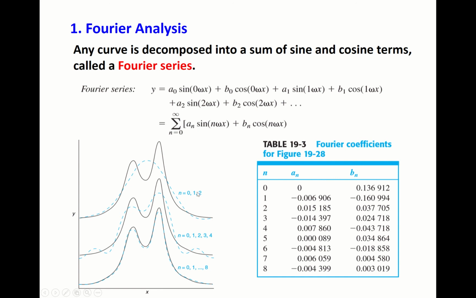In other words, once you have this original spectrum, it can be decomposed into sine and cosine components, and by combining all the sine and cosine terms, you can synthesize the original spectrum. Okay, that's the Fourier analysis. All right.